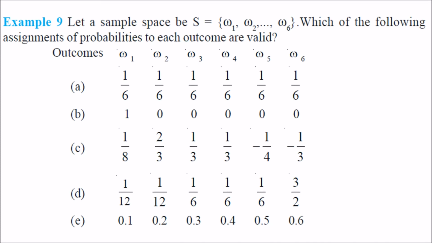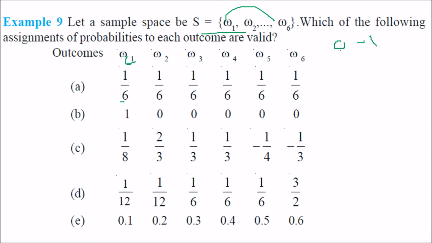So let us take an example. This is a sample space W1 to W6, so there are 6 elements in all, W1 to W6 in the column you can see. We have assigned certain probabilities. You have to tell which of them are valid or invalid, as we have just seen the axioms. First thing is every probability for W1 to W6 should be between 0 and 1.